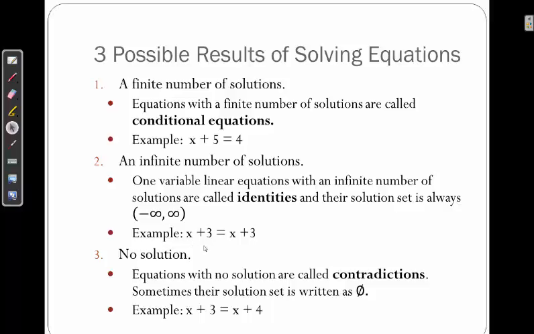Here's an example of one. This is true no matter what value x takes. If x is 1, it'll be true. If x is 2, this will be true. If x is negative 7, this will be true. No matter what number it is, a number plus 3 equals the same number plus 3. And it's always true. And if you try to get all your variables on the same side, you just end up with 3 equals 3. Always true.